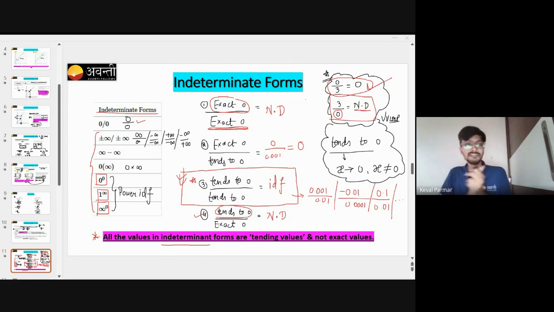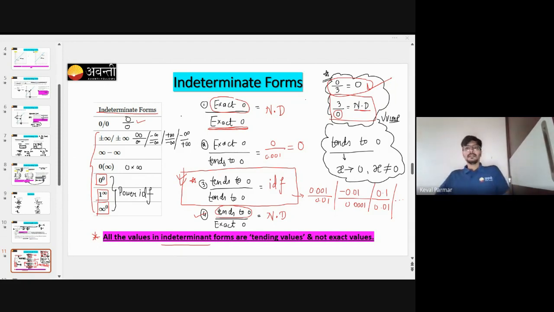Till now we were talking about exact values, and suddenly we were talking about tending values. For me, it took almost 3 to 4 tries to go through these so I could understand properly. Superb, very good.